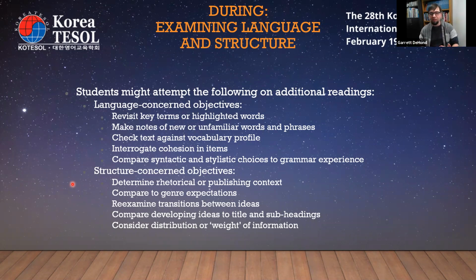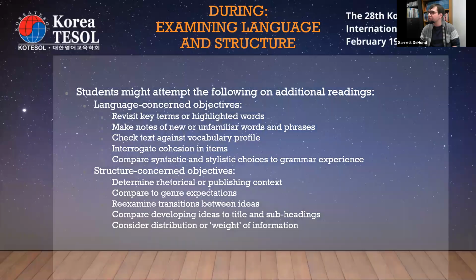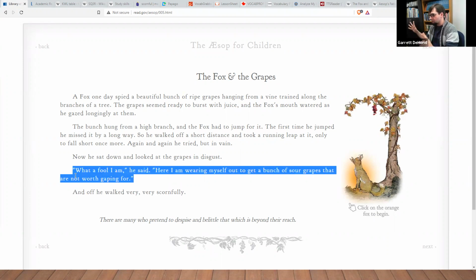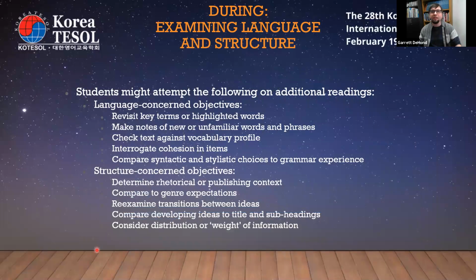And then considering the weight of information, like when you go back to the Fox and the Grapes item that I shared, the fact that when we look at this, we see that we have these items organized near the bottom as these sort of standalone, one or two sentence items, whereas the earlier ones are longer. What does that matter to students in terms of any of the objectives you have? Discussing myths would be an example of what I'm talking about here.